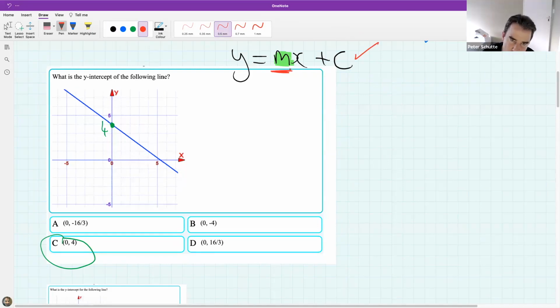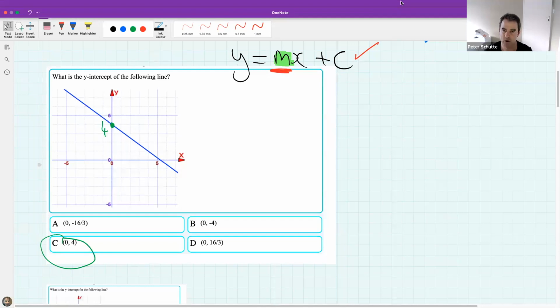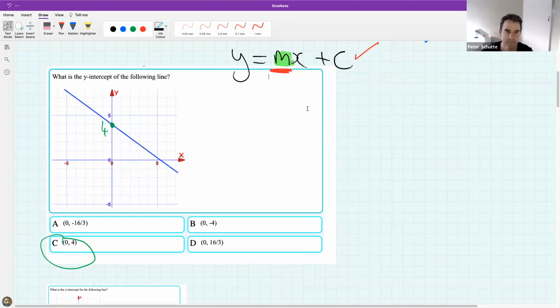Surely all you need to do is work out what M is, and then you've got the equation of the straight line. See if you can figure out the equation of the straight line and then write it in the chat. Or I'd love to hear from a student if you feel like you know. What is the equation of this straight line?